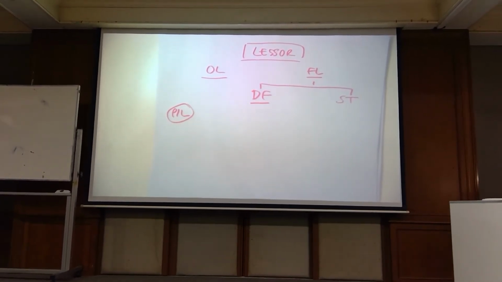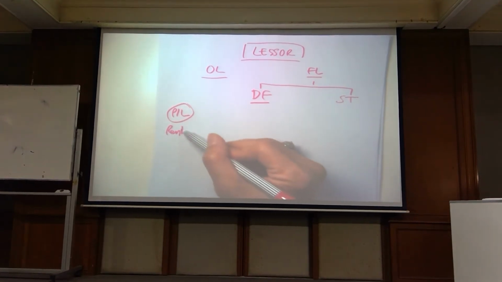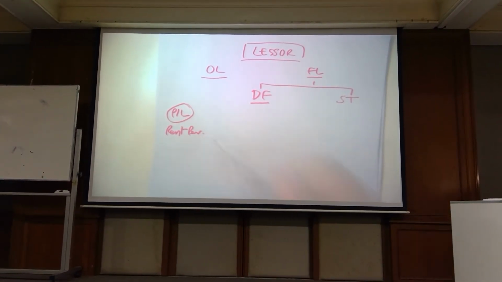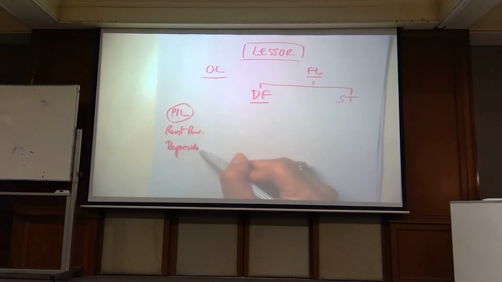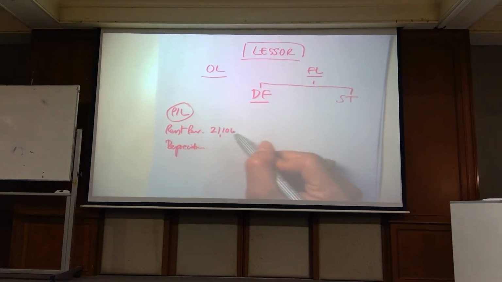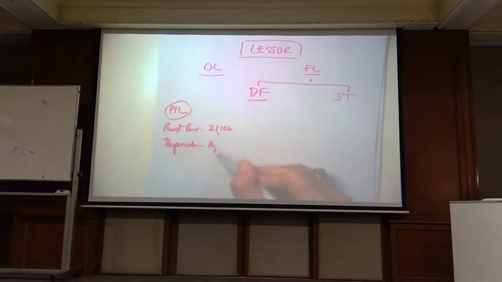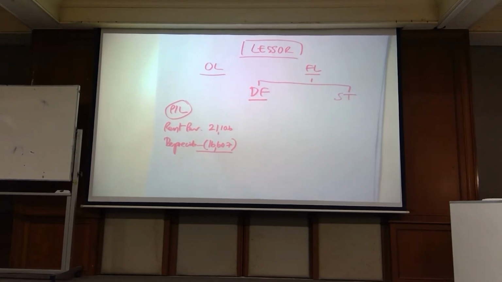Profit and loss: rent revenue, depreciation. How much do you get here for rent revenue? 106. Depreciation. The net effect is about 5,000. Effect on P&L, isn't it?